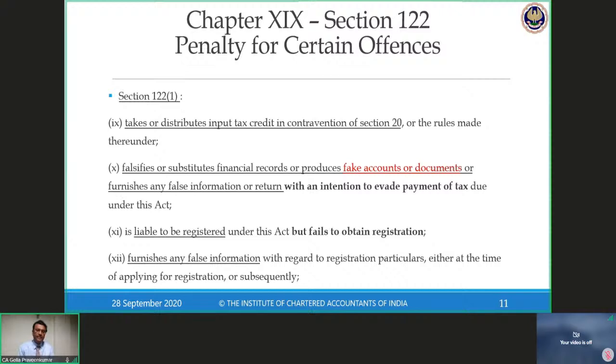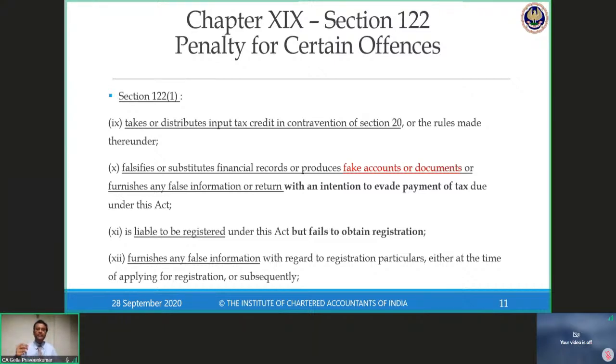Furnishes any false information. The moment I refer to false, your bucket number 2, with regards to registration particulars, either at the time of applying for registration or subsequently. We call this what you call body shop business, where people overnight turn their business, with no point in time, they give all false evidences for the purpose of registration.